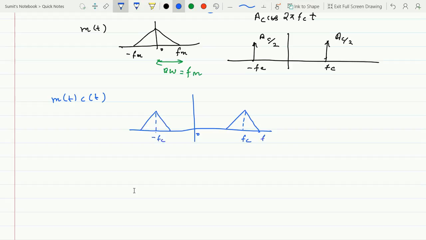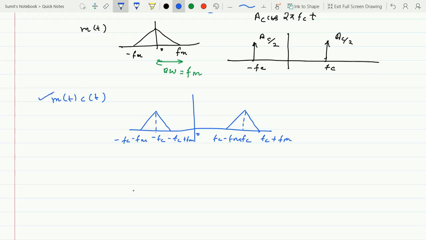So this frequency now becomes fc plus fm, this frequency becomes fc minus fm. Similarly you can write it here as minus fc plus fm, minus fc minus fm. So this is how your m(t) into cos(2πfct) signal looks like.